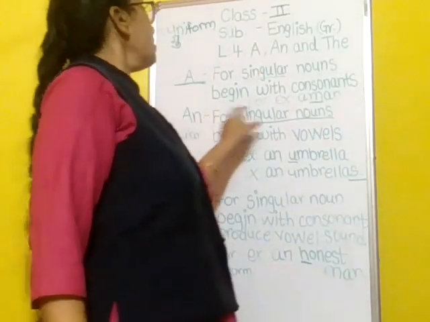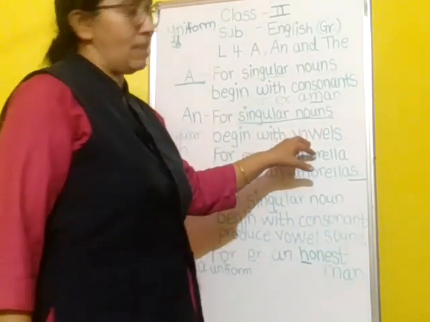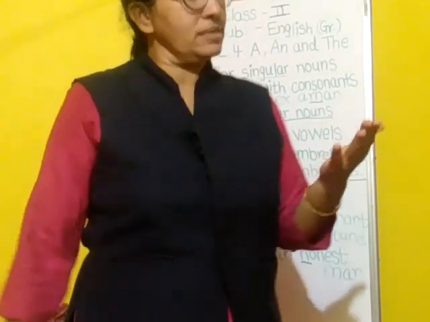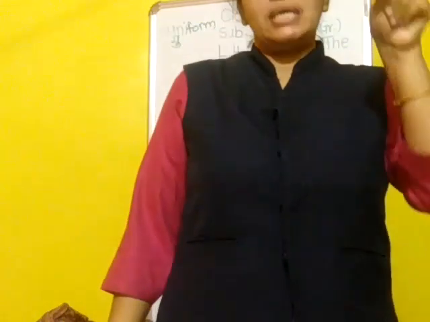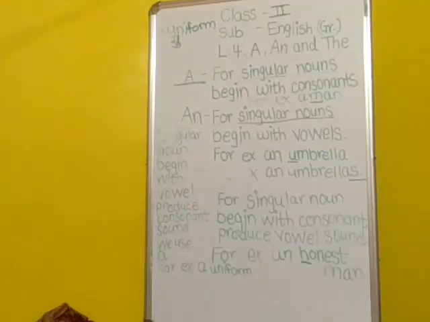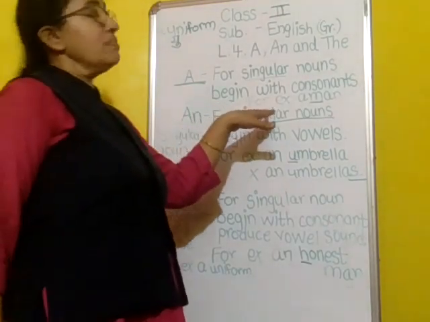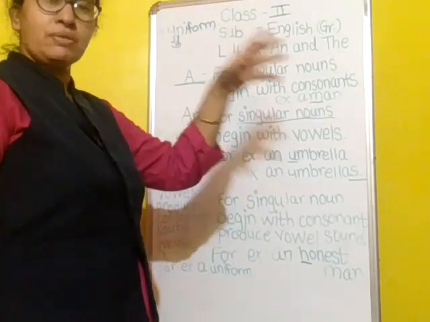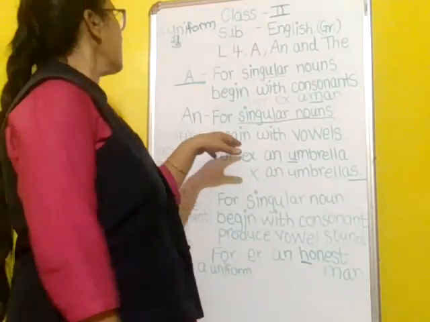Now see, for singular nouns that begin with vowels. Okay, you know the vowels, they are 5 in numbers: a, e, i, o and u. That means whenever the noun begins with A, E, I, O, U, you should write there an. But the condition is that the noun begin with A, E, I, O, U should be singular. Okay?